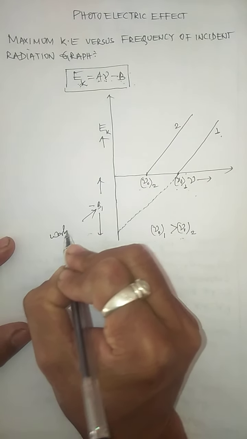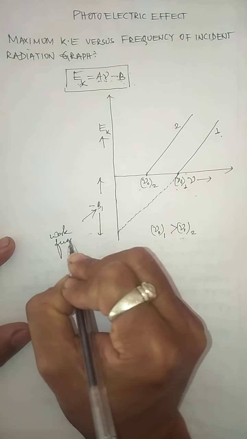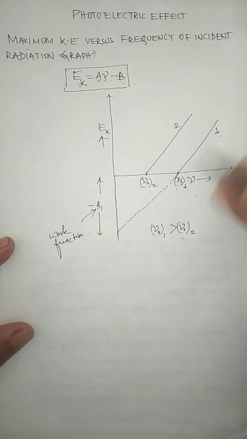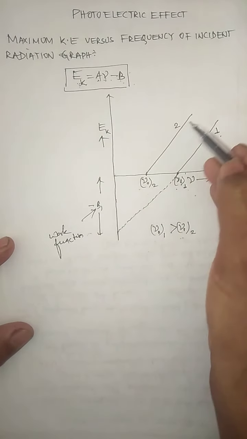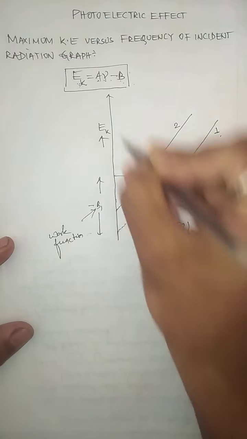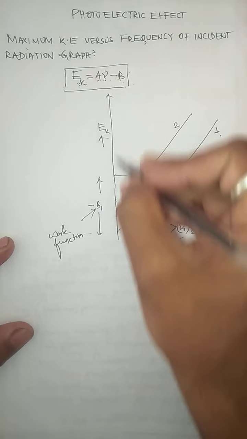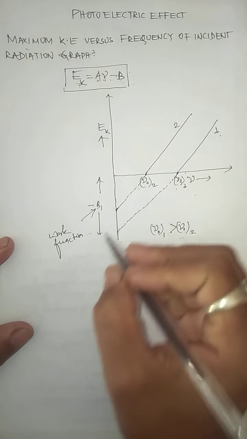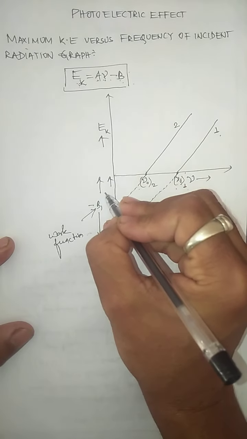This is the work function for metal 1. Similarly, for metal 2, if you draw a backward line, it will meet on the negative y-axis, that is the negative energy axis, and from the origin I mark it by the letter minus B2.